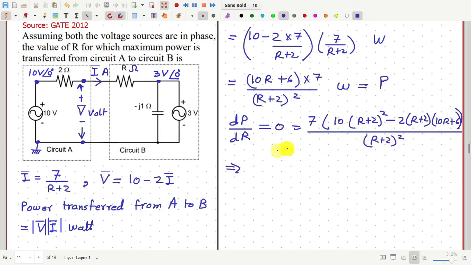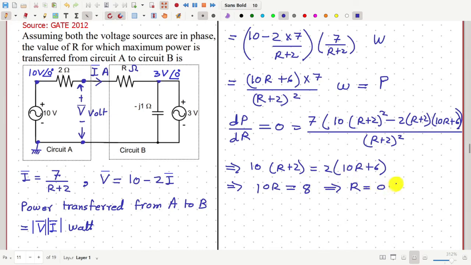This implies that 10R plus 2, 10R plus 2 should be equal to 2 into 10R plus 6, which means 10R, 20 minus 10R, is equal to 20 minus 12, which is 8. That means R is equal to 0.8.